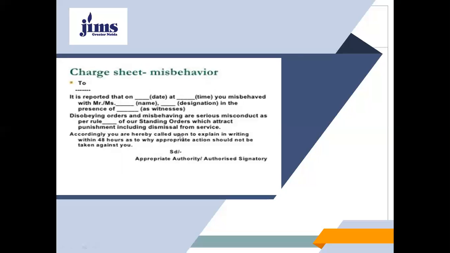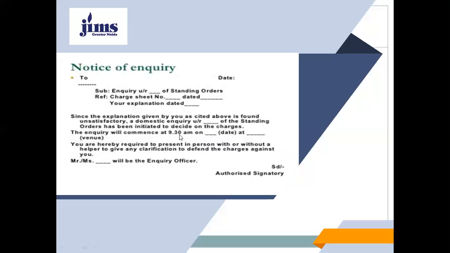Now, notice of inquiry: how will you issue the notice of inquiry, my dear students? I would like to make you familiar with the notice of inquiry. You would be issuing the notice, addressing the workman to whom you would be issuing the notice of inquiry, and mention the date.